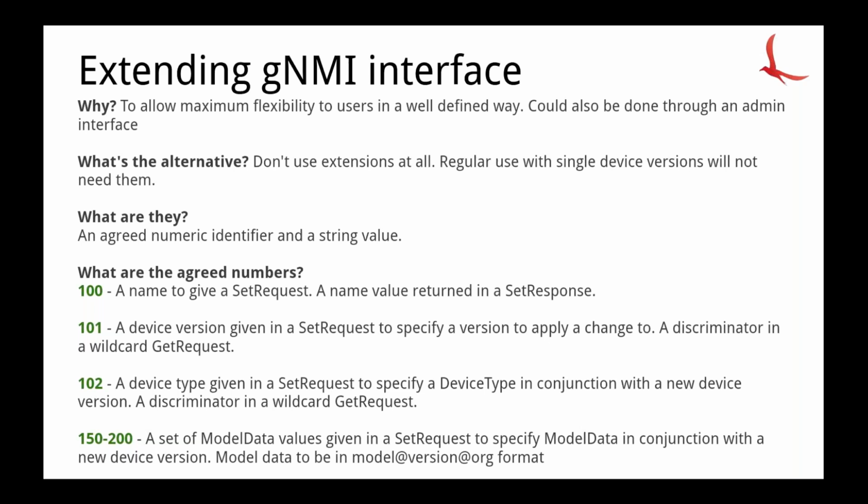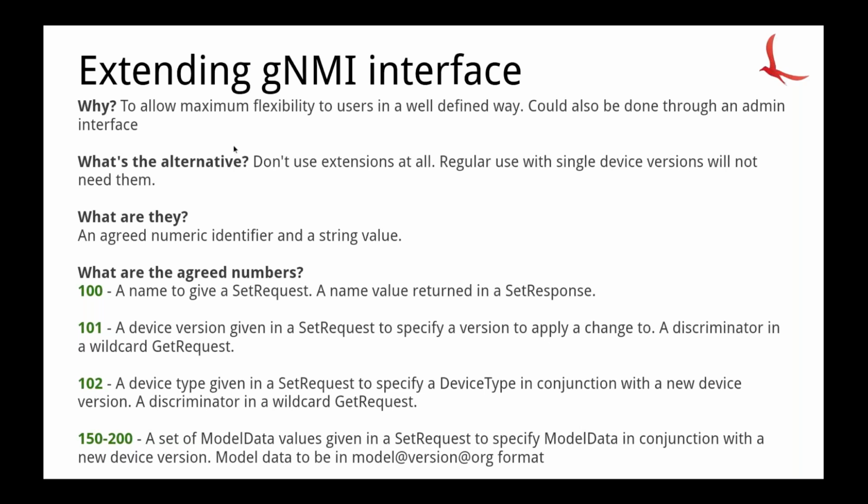We want to be able to make a change to several devices at once in one GNMI set command, but also maintain other functionality like rollback or tracking of changes, and various different things that ONOS config is going to support.